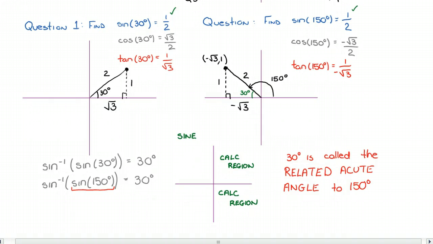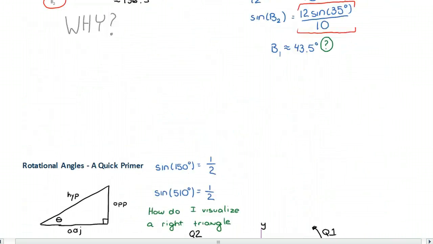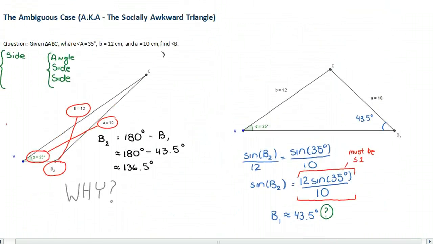So if I would take the sine inverse of 1/2, it's not smart enough to know the context of the problem. And so that's why, if we come right back up here to where all this question started, the question is, well, why do I take the acute angle and subtract it from 180 degrees? The reason why we do that is because your calculator is only smart enough to give you the case in quadrant 1.